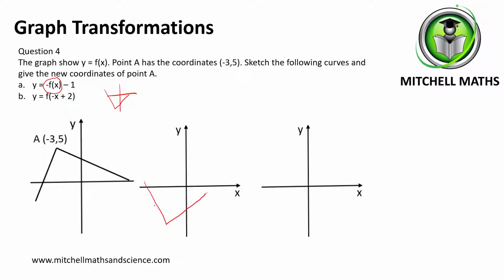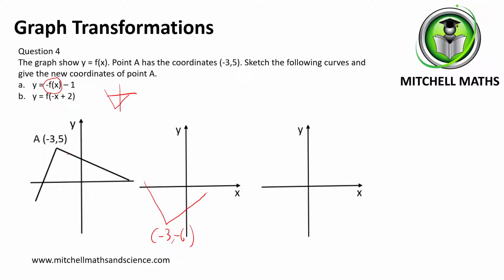And this point here, well, when we originally reflected it, it would have been minus 3, minus 5. But because we've moved it down 1 further, it'll be minus 3, minus 6.